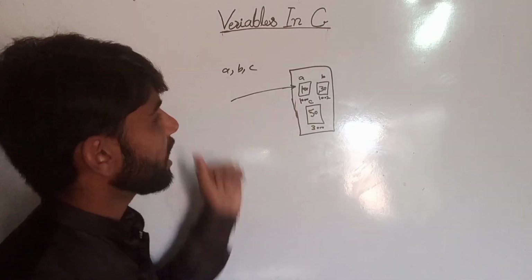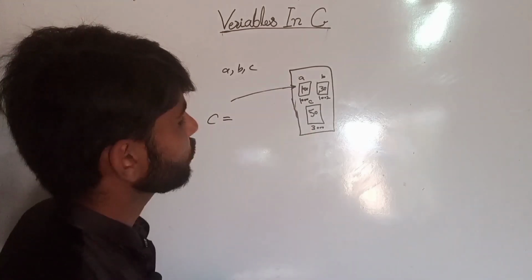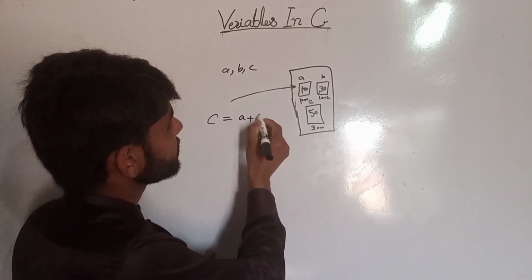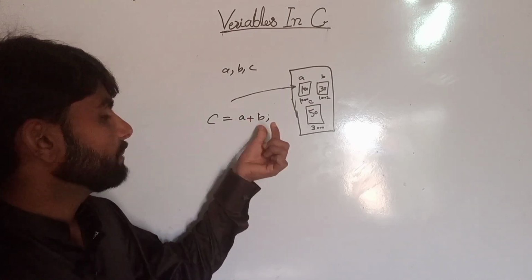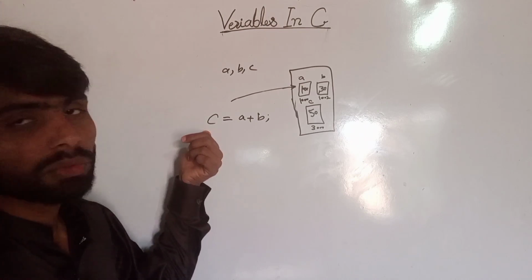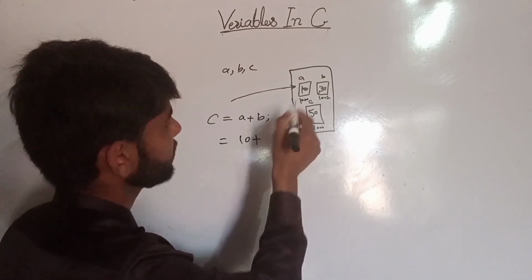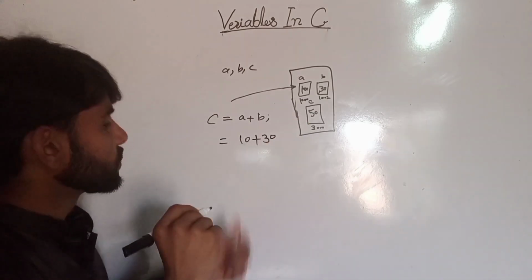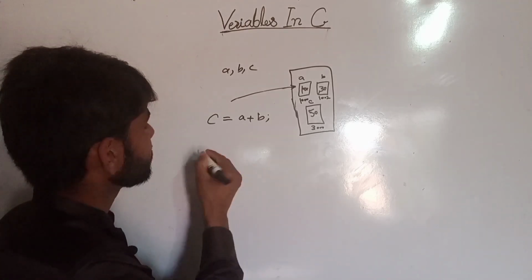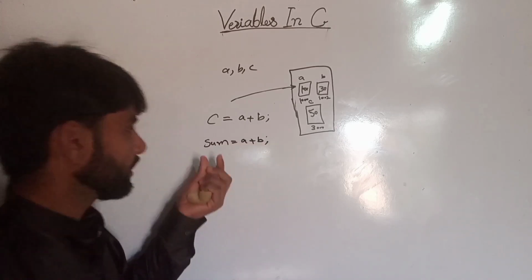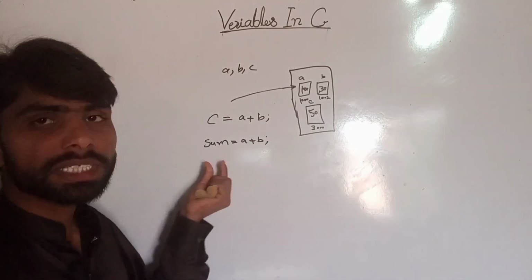For example, the user wants to add two values, A plus B. This statement means that A and B are added and stored into C. Here A is 10 and B is 30, so 40 will be stored into C. But programmers name this variable sum. Why? Any other programmer can easily understand the meaning of this variable.